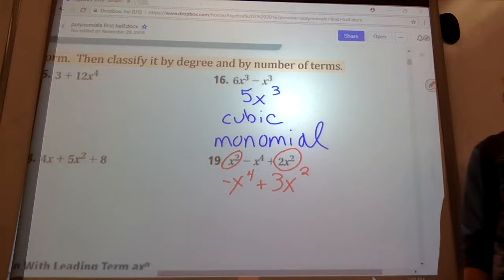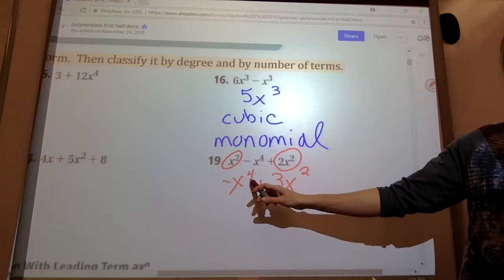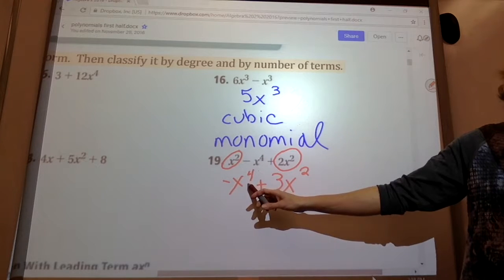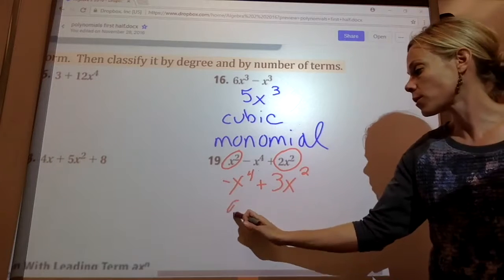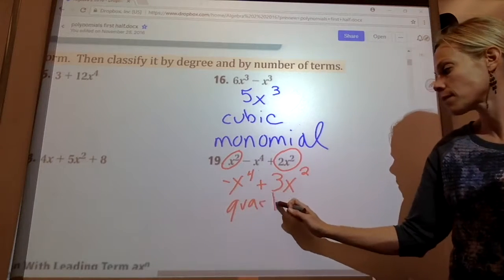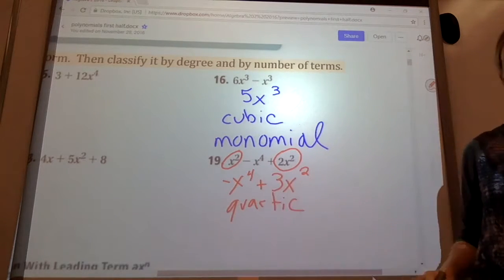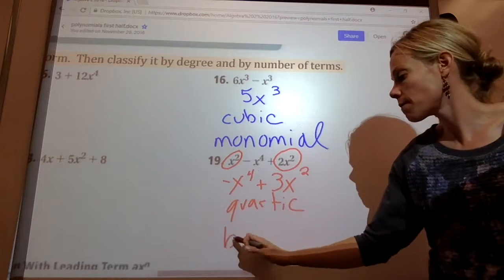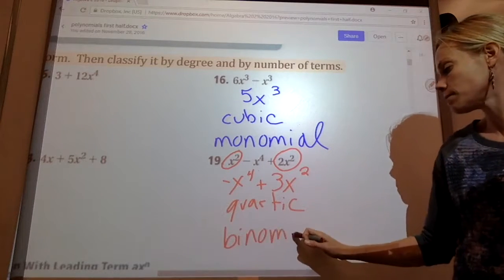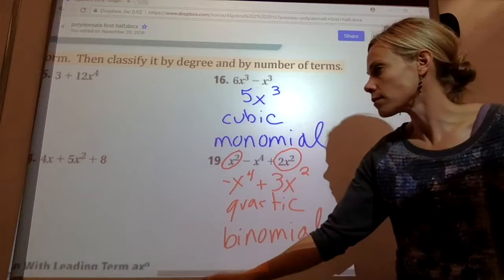All my terms are combined. This is a 4th degree polynomial. So the name of that would be quartic. Good. I have two terms, so the number of terms would be binomial. Okay.